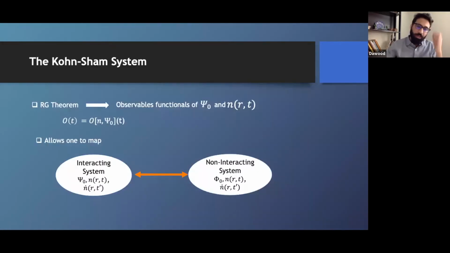So what TDDFT allows us to do is, using the Runge-Gross theorem, write our observables as a functional of this density and the initial interacting wave function.